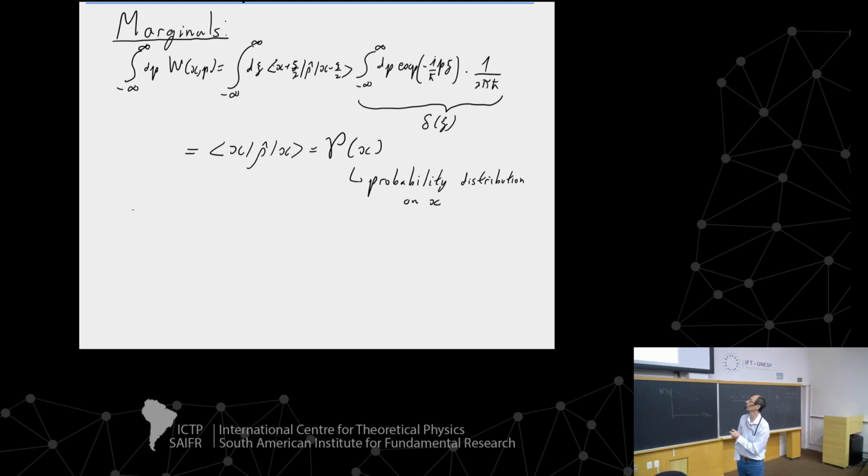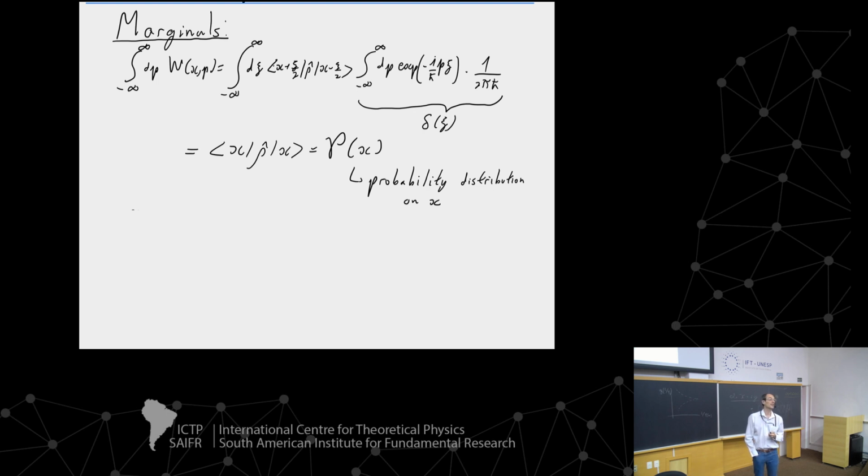But if you take this 2D function and integrate along the momentum, in the transverse direction, you get a function in x, and through this integration, you have basically the expectation value of rho projected into eigenstates of position x.